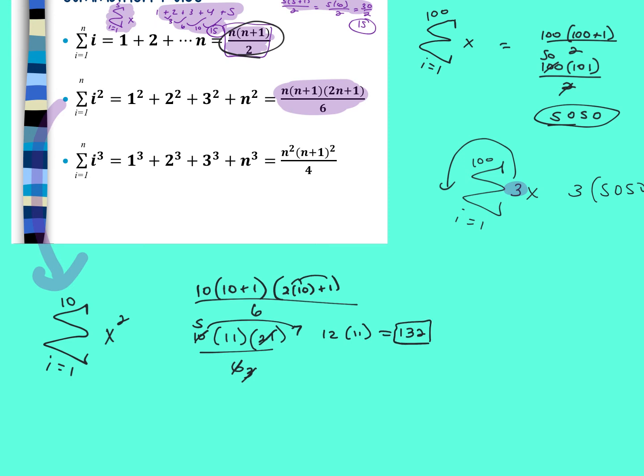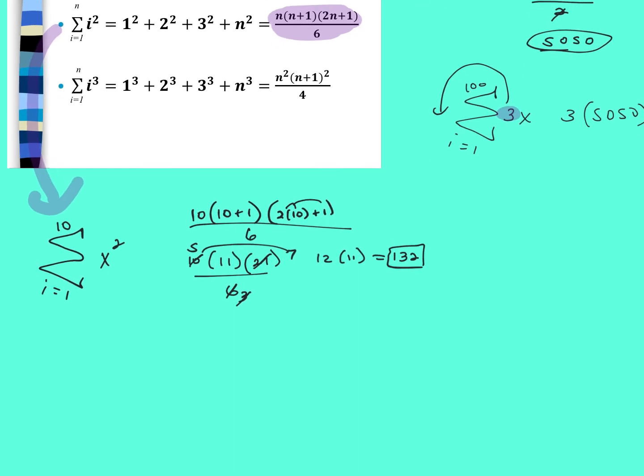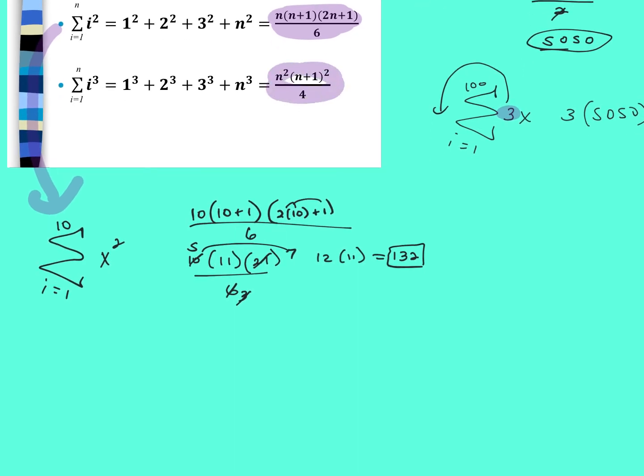Does the same rule apply for the third? Yep. Push it to the front. The last one is if it's cubed. If I had a variable cubed, I use n squared times n plus 1 squared over 4. So if I had the same thing, 10, i equals 1, and it was cubed, then I would do 10 squared times 10 plus 1 squared over 4.